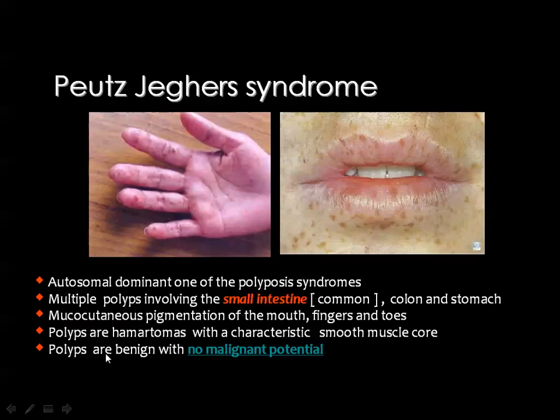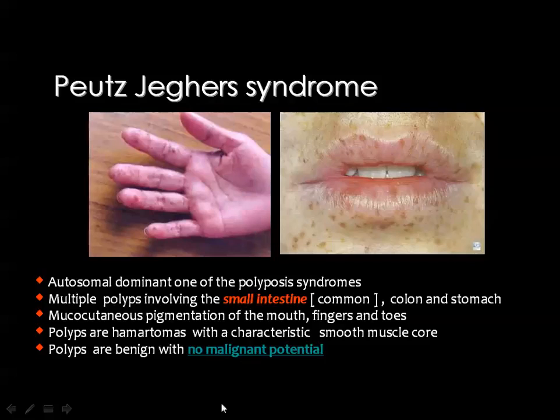One of the well-known polyposis syndromes in the bowel is Peutz-Jeghers, and this is autosomal dominant. It includes many polyps in the small bowel, in the colon, in the stomach, and one of the characteristic findings in these patients is the presence of mucocutaneous pigmentations around the mouth, the fingers, and the toes.